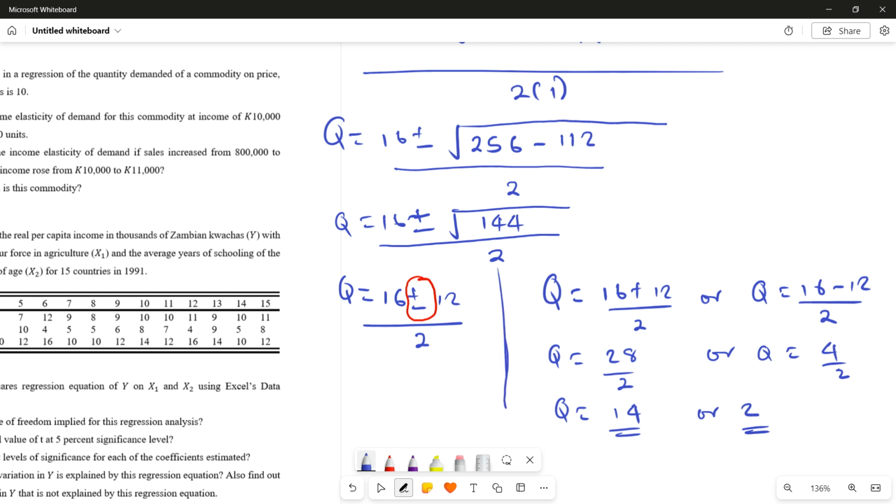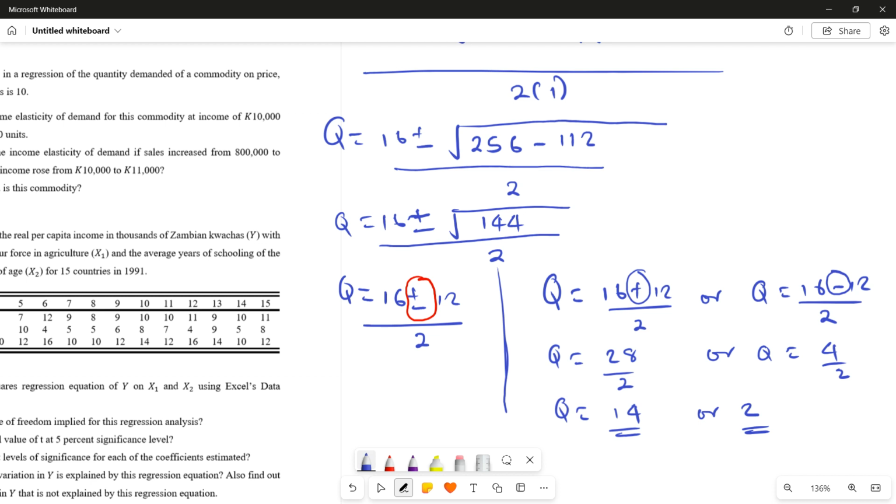Now, after doing this, we come and split this. Remember it's 16 plus or minus 12, which means that one side should have a plus, then the other part should have a minus, because it's plus or minus.